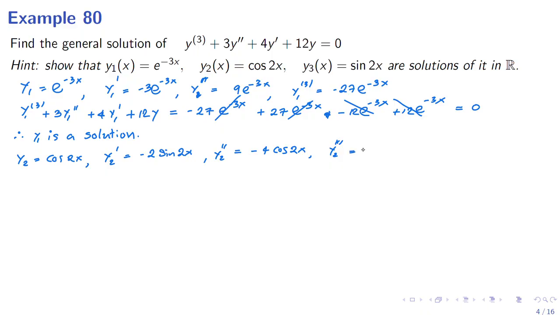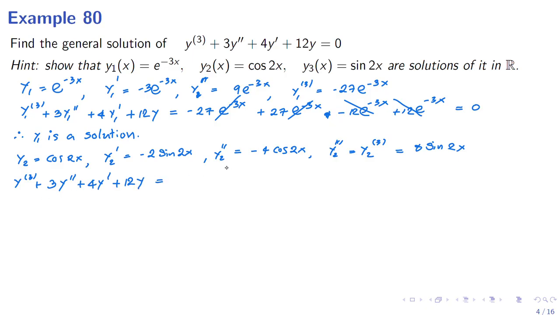or let me write it y2 with 3 this way, that is 8 sine 2x. Now let's apply them to the left hand side of our ODE. So let's compute y triple prime plus 3 times y double prime plus 4 times y prime plus 12y.